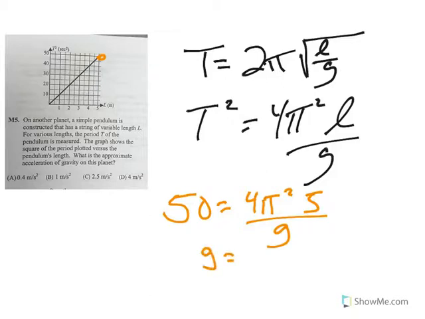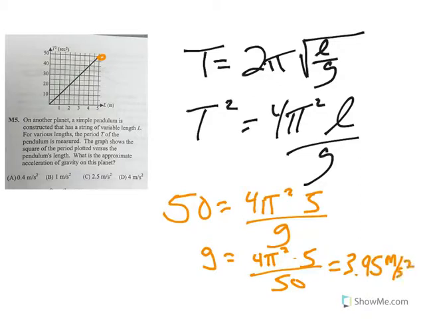So g is equal to 4 pi squared times 5 divided by 50. Okay, so I used my phone calculator, so I hope this worked out. But if you do this, I think it's 3.95 meters per second squared, which is D. We'll round it to 4. And that is indeed the correct answer, okay?